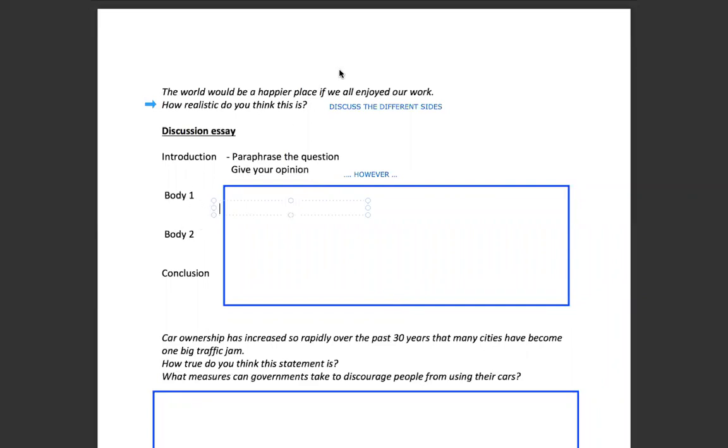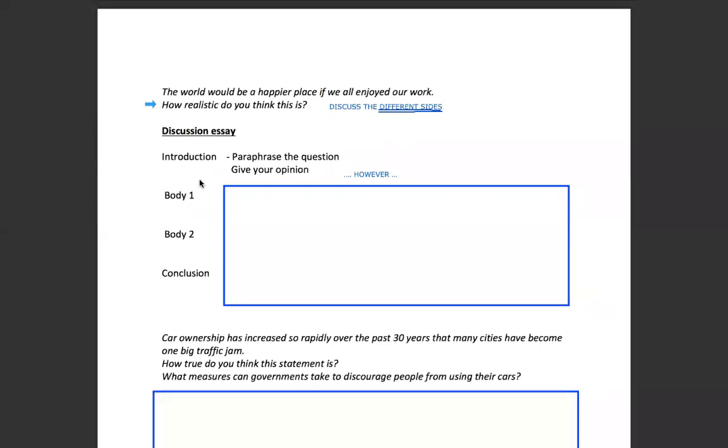Now, what do you think should go in the body paragraphs? So remember, this is important, that there are different sides. So what do you think should go in body 1? So I've given you a clue. We've said that there are different sides, meaning you may think one thing, but other people think something else.